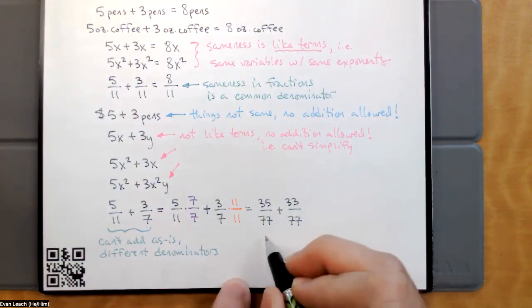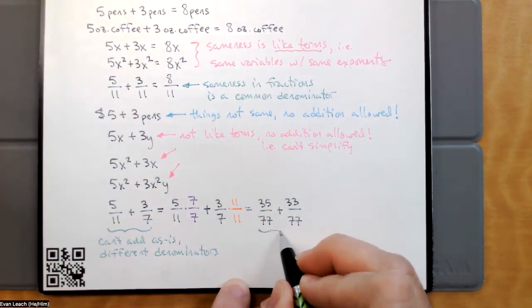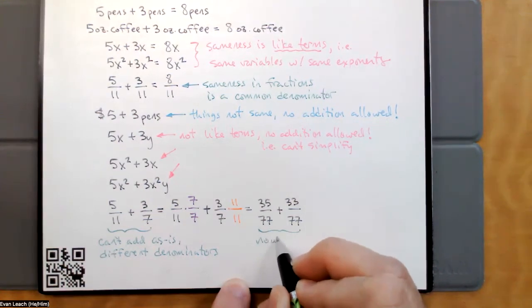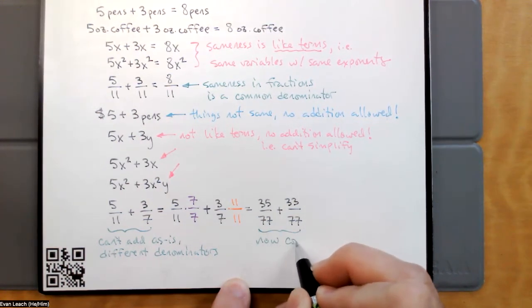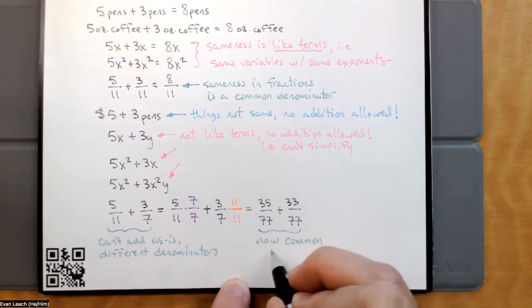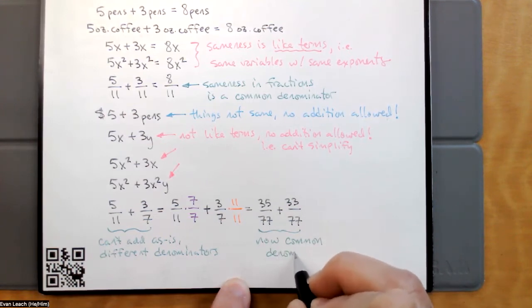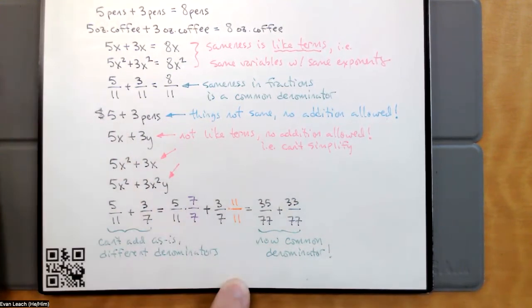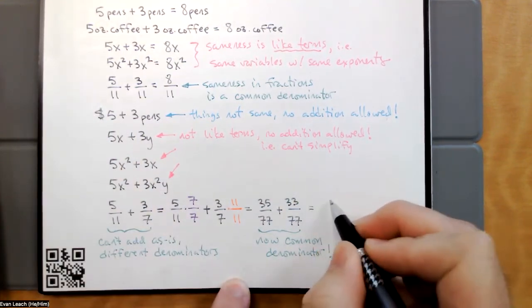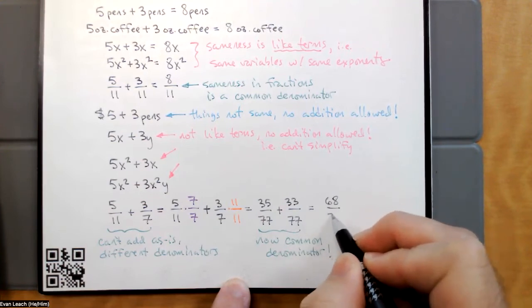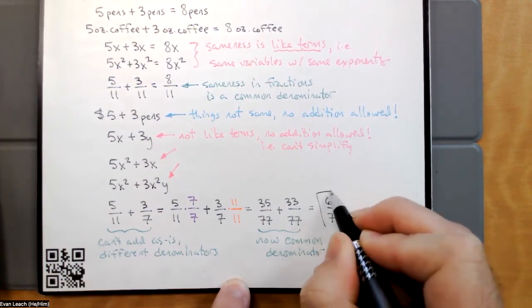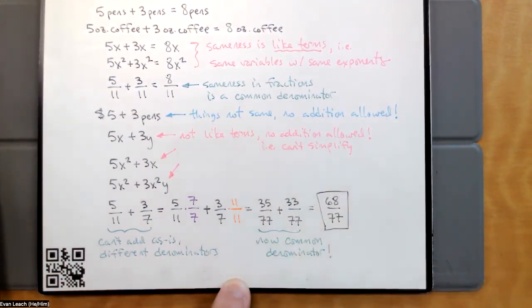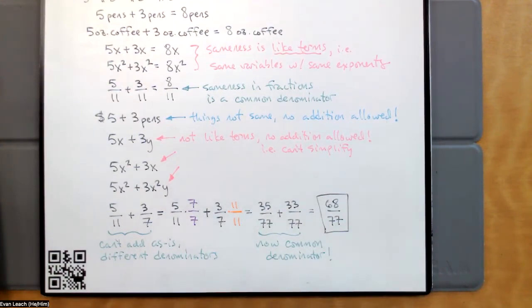But we're not adding a 5 and a 3 anymore. With fractions, we can convert them to have the same denominator.